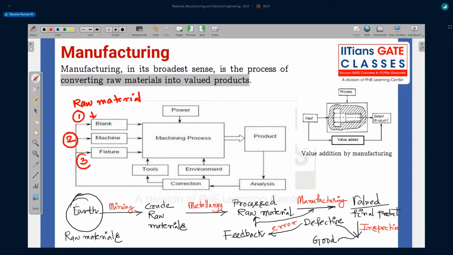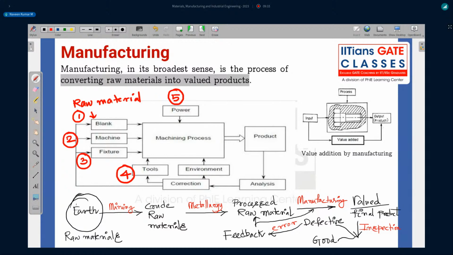So in a machine, you have a fixture. In that fixture, you're placing the raw material, and then you have certain tools, right? And you have to provide power to the machine. It's very important, right? And then you have some specific environment provided to the operation. Here it is machining, but you can replace it with manufacturing also. Anything is fine.